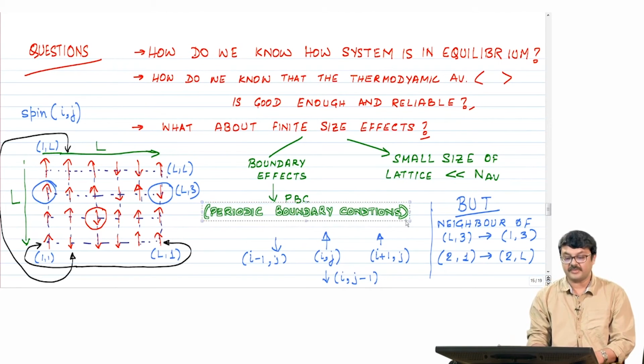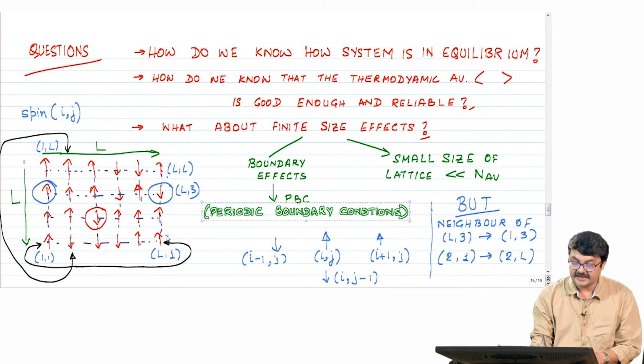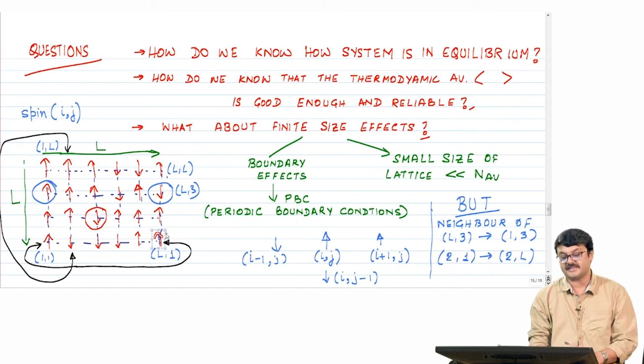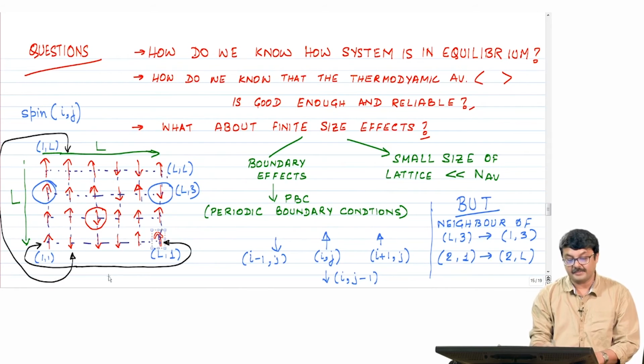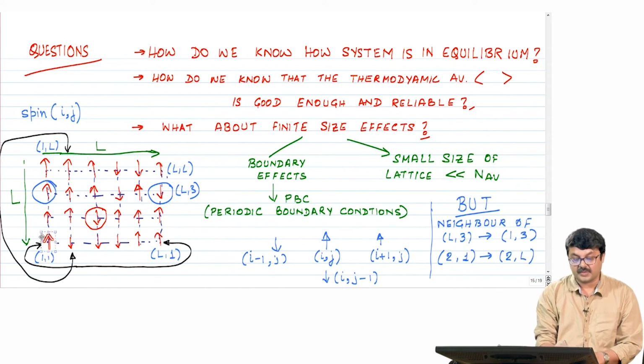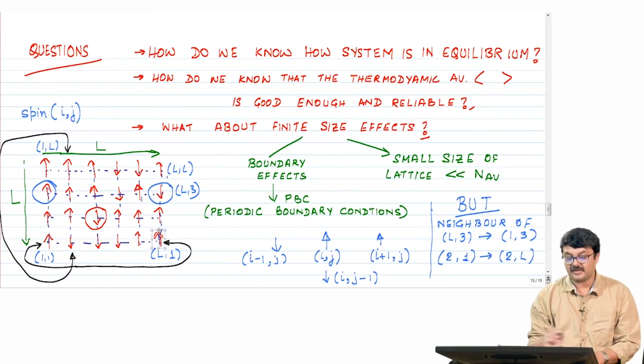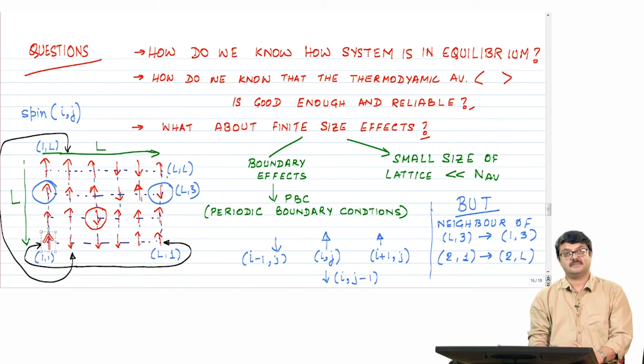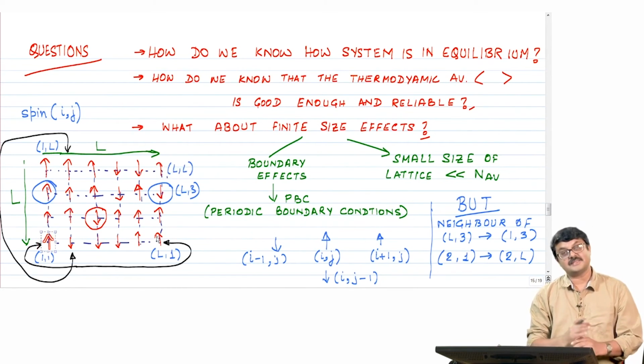What are periodic boundary conditions? You essentially say that this atom has one neighbor which is this one. So, the neighbor of this atom is this one, and so on, so there is a continuity.